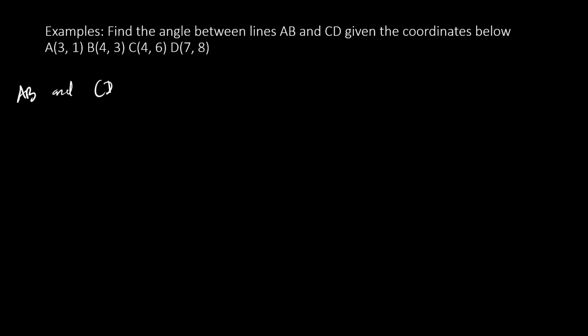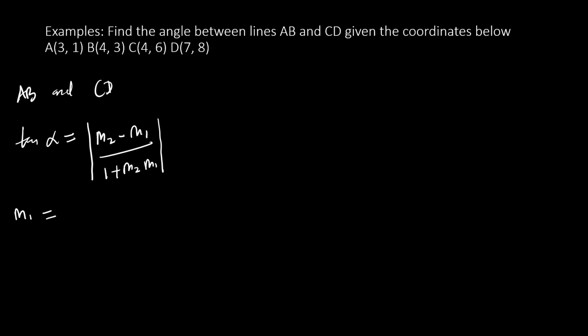We know that if you are looking for alpha, which is the angle between two lines, you're going to have tan alpha equal to the absolute value of M2 minus M1 over 1 plus M2 M1. Now we have gotten our formula. So what's the slope of AB and the slope of CD? Let's make M1 the slope of AB.